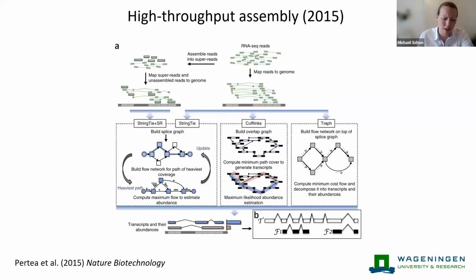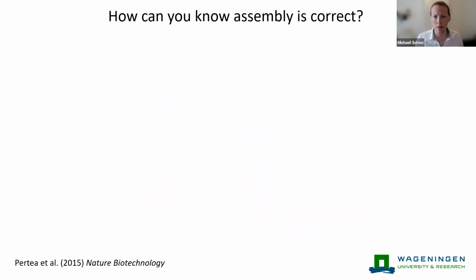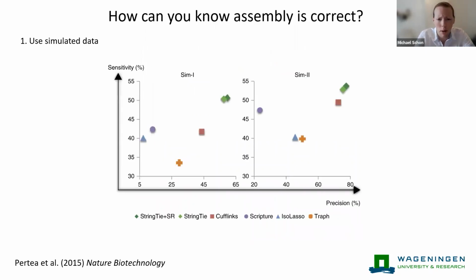But that actually causes us to run into a pretty big barrier with transcript assemblers, and that's how can you actually know that an assembly is correct? One method that was quite popular, and still is, is to use simulated data.